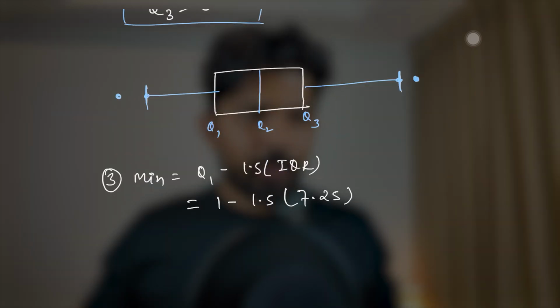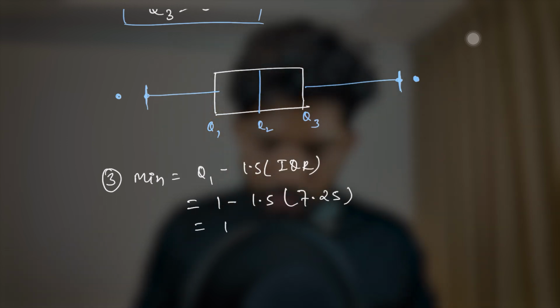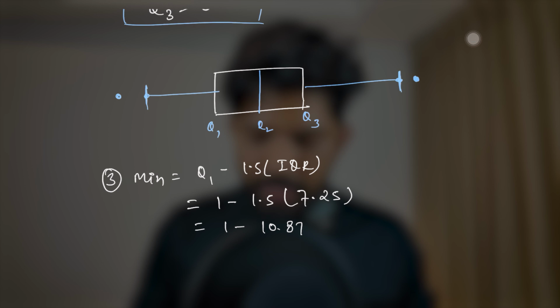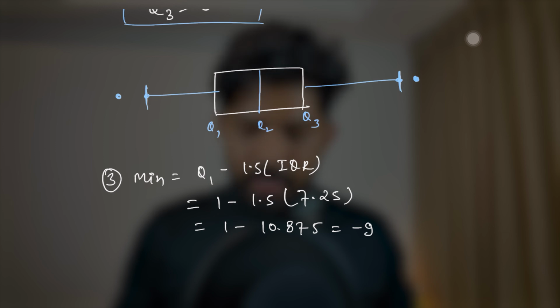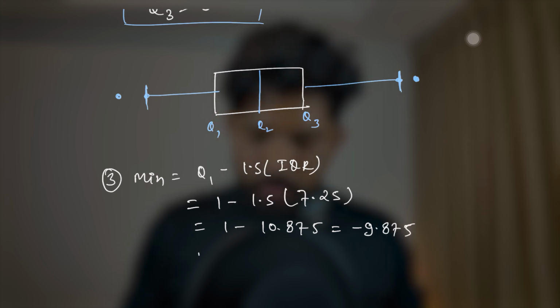So it will be 1.5 multiplied by 7.25, which is 10.875. So 1 minus 10.875 is equal to negative 9.875, right? So you can write minimum is equal to negative 9.875. Let me highlight this minimum.